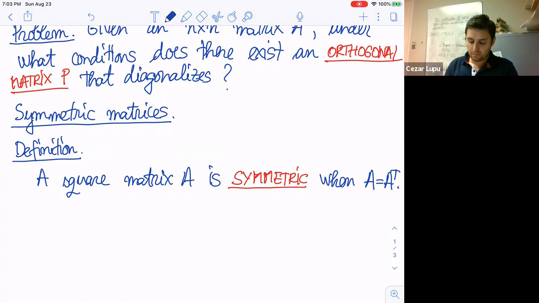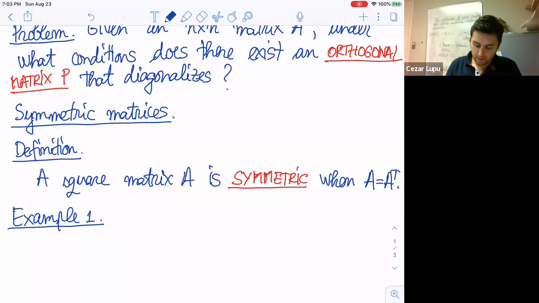Now let's see some examples of matrices that are symmetric and non-symmetric.